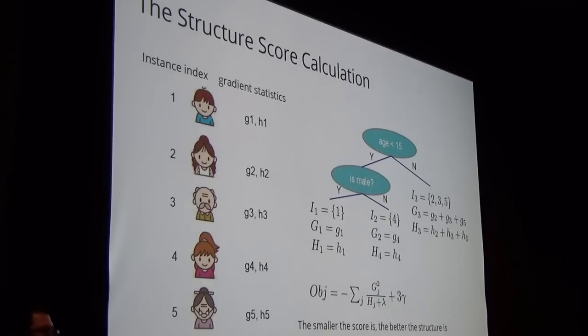Depending on what kind of objective function you choose, this structure score reflects how well you can improve against that objective in an approximate way. So this is a more generalized version of the impurity measure of a decision tree that helps guide your tree learning to tailor towards this regularized objective function.